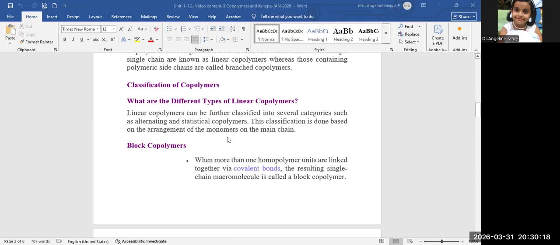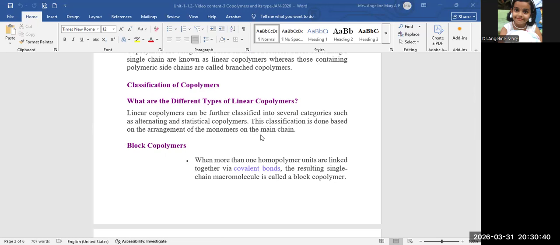They can be further classified into several categories such as block, alternating and statistical copolymers. This classification is done based on the arrangement of monomers on the main chain.